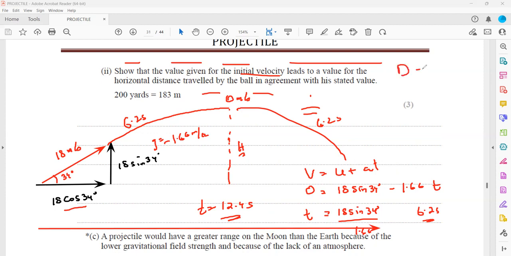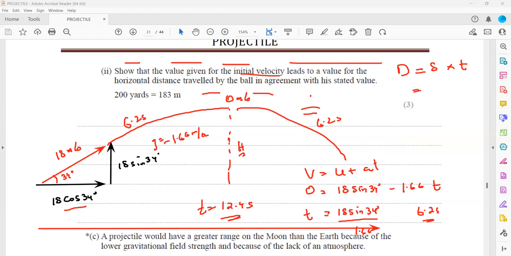Speed is distance divided by time, so distance is speed multiplied by time. For horizontal motion, because there is no acceleration, we don't use the equations of motion. We always use speed is distance over time as it is not accelerating. So what is the launching speed?